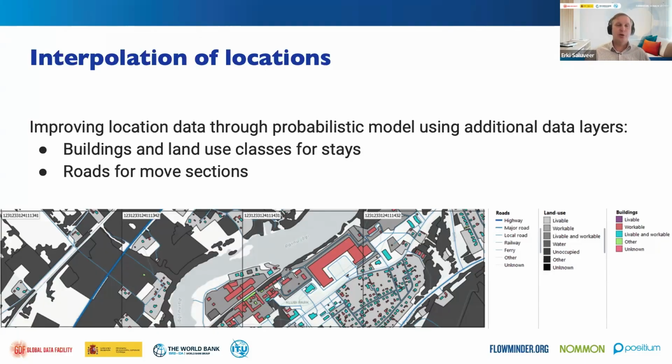One example is to use buildings data and land use data, because people tend to be mainly in buildings or in high visiting land use areas like important parks, etc. What it allows us is that although we only know that the person is somewhere in the coverage area of a cell, we can assign them into probabilistic buildings, which in essence would avoid, for example, putting people into rivers, lakes, and areas where they can't be.